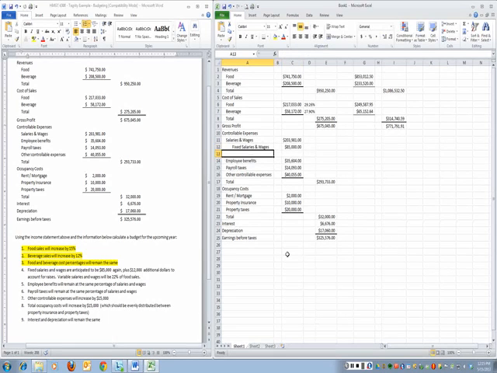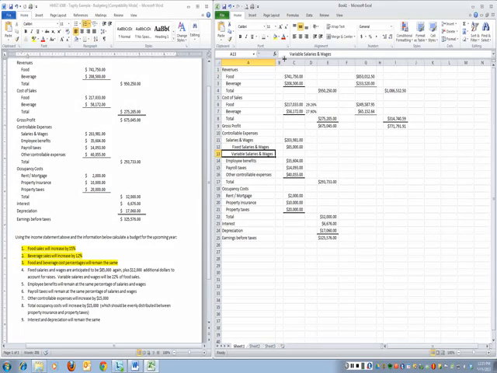And we also are going to have variable salaries and wages. So what we're trying to do is account for those changes in the upcoming year.